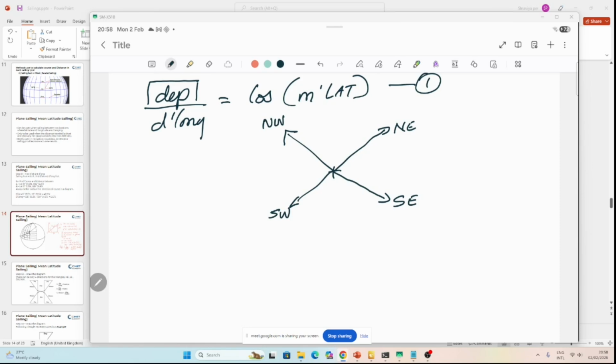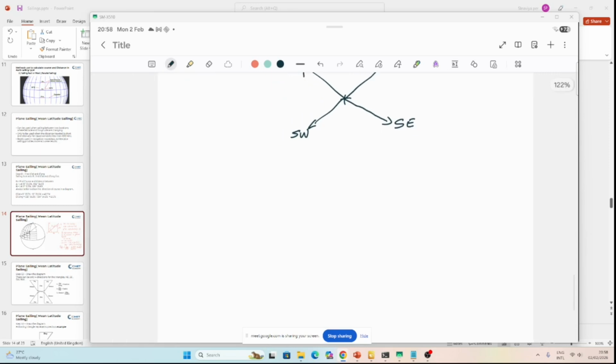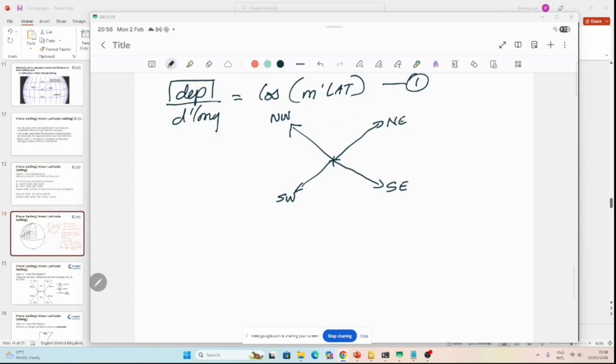Now we have to draw the required triangles. So how to draw the required triangles? Okay. In the first case, as I told you, north and south is the most powerful, the main cardinal marks.